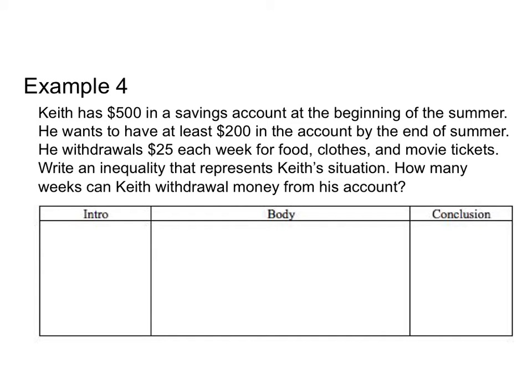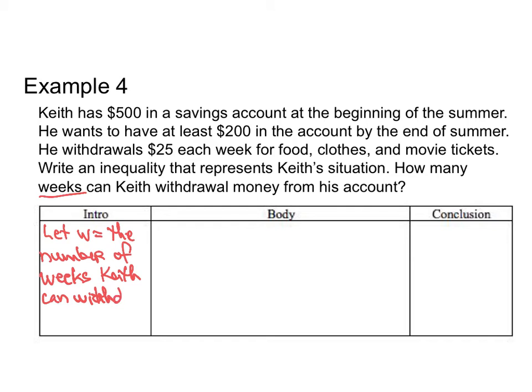So I'm just going to define my variable right off the bat: let W equal the number of weeks Keith can withdraw money.